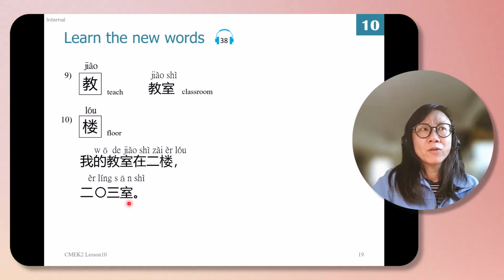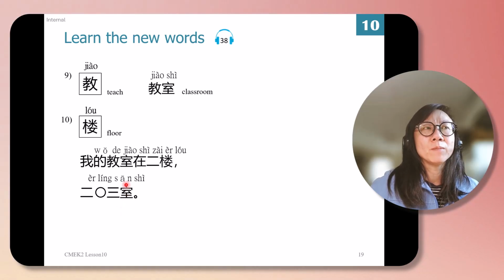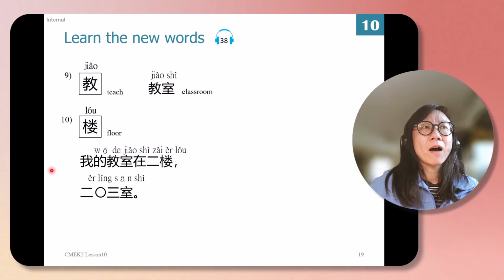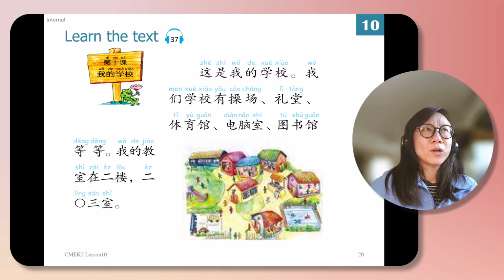We say room 203, but in Chinese we put the room at the end. So let's read again. 我的教室在2楼203室。我的教室在2楼203室。Now let's learn the text.